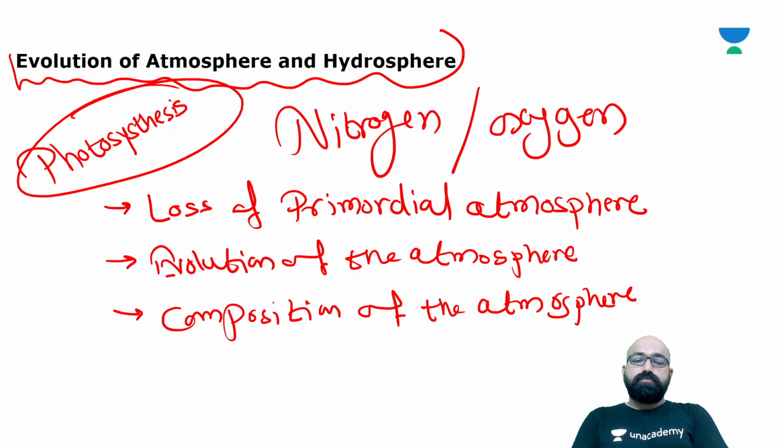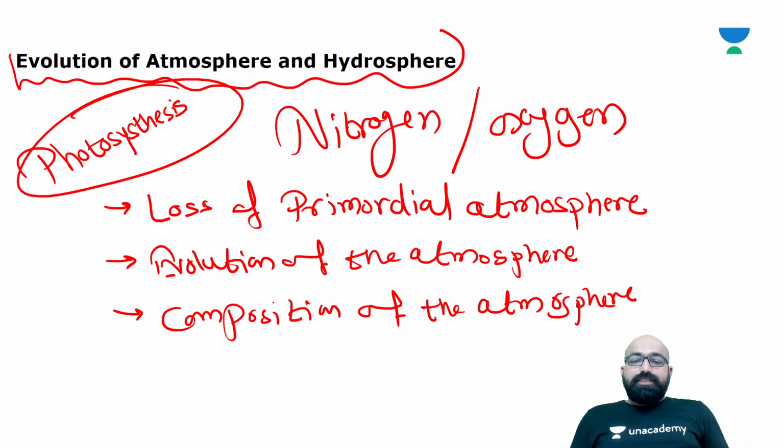Now, during the cooling of the earth, gases and water vapors were released from the interior solid earth. So they started the evolution of the present atmosphere.